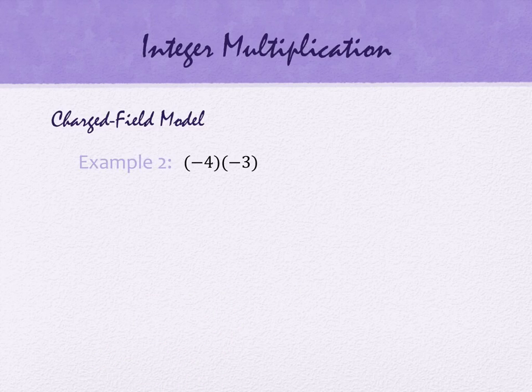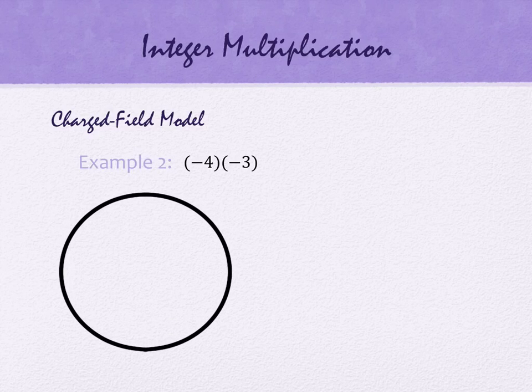So draw yourself a circle. Again, we'll write out the language for this so that you have it in your notes. This says to remove 4 groups. If this 4 at the beginning were not negative, let's say it were positive, do you think we'd be removing?